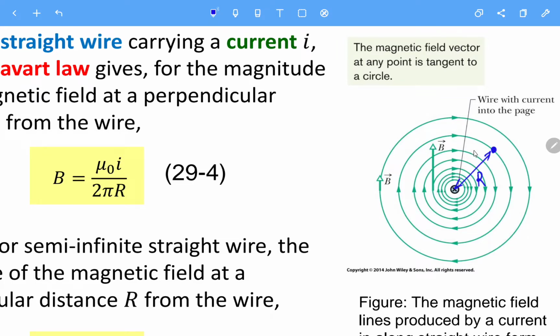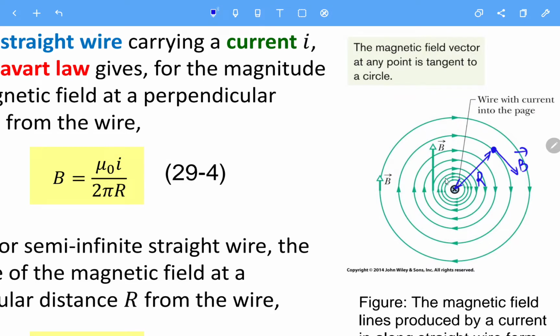R is the distance between these 2 points, and this is a vector, of course, and the direction should be along the tangent line. So this is the B at this point, which is tangent to this circle.